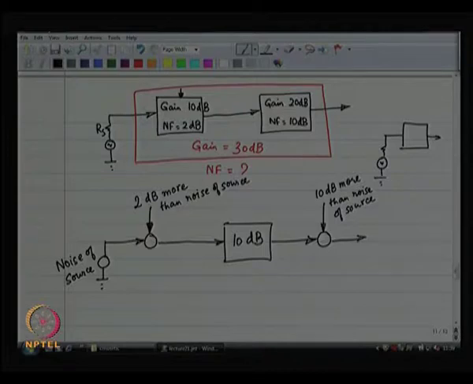Right, and this is going to go through a gain of 20 dB, and it is coming out.